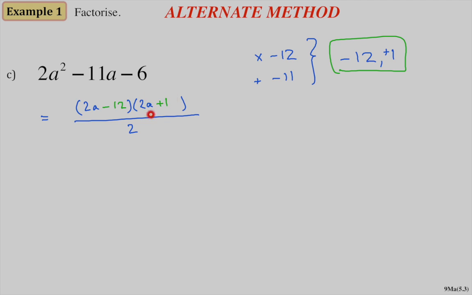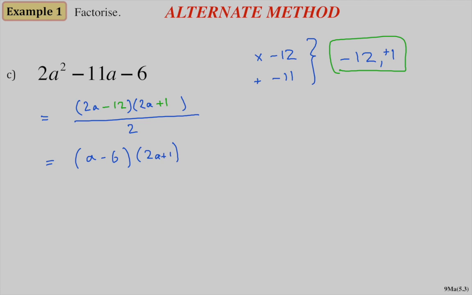I can't cancel it with the second bracket because 2 won't go into 1. Go to the first bracket. 2 goes into 2 nicely. 2 goes into 12 nicely. So let's cancel the 2 into everything in the first bracket. And if I do that, the first bracket now becomes a take 6, because 2 went into itself once. 2 goes into 12 6 times. Left with the a, so we get a take 6. And the second bracket does not change.